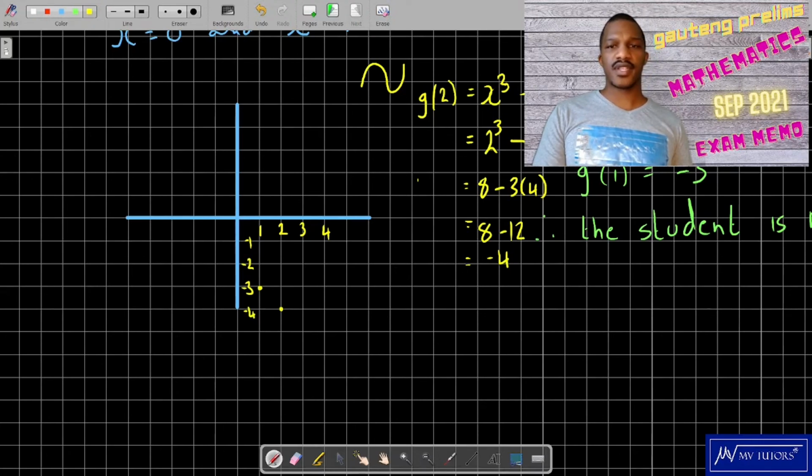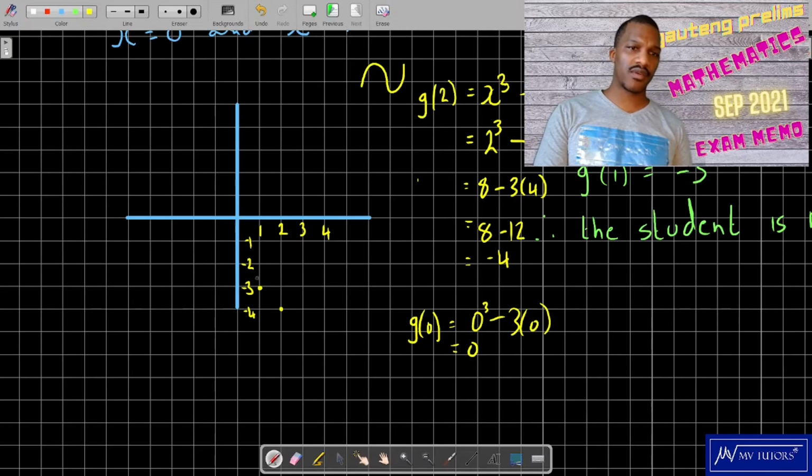And then if I substitute 0, if I say g is 0 now, I'm going to get 0 cubed minus 3 times 0, which gives me 0. So the other turning point, I must have made a mistake here.